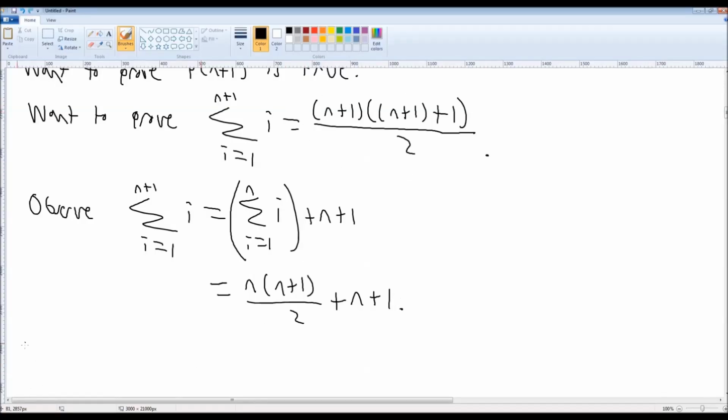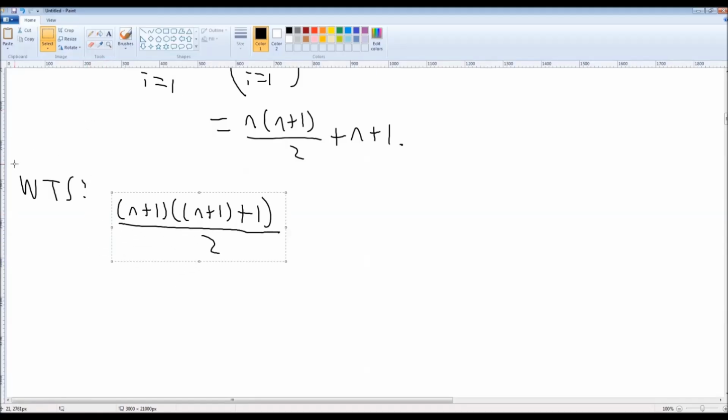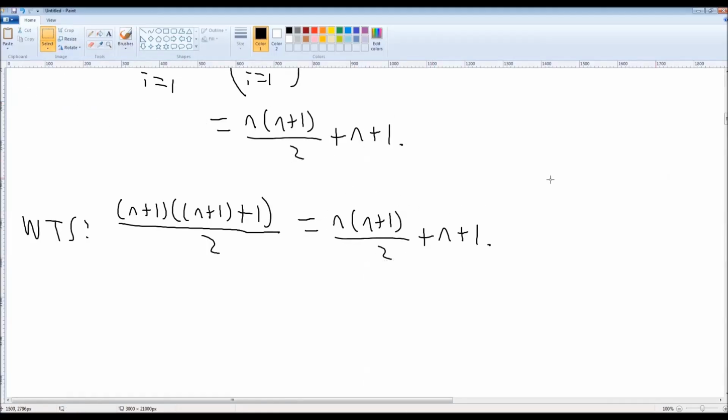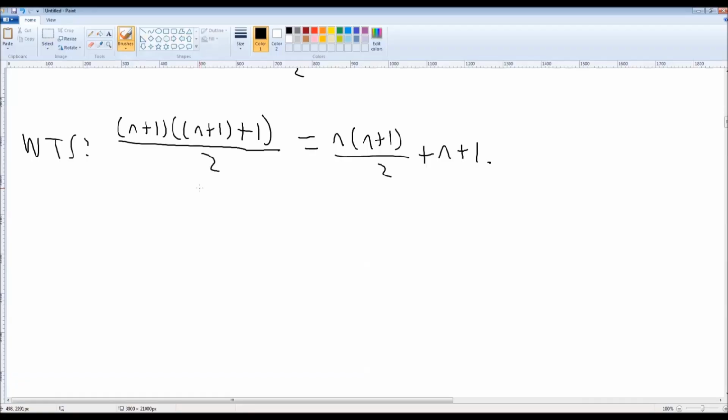So we want to show that this is equal to this. Okay, that's our goal. I think the easiest way to do that is just simplify both sides.